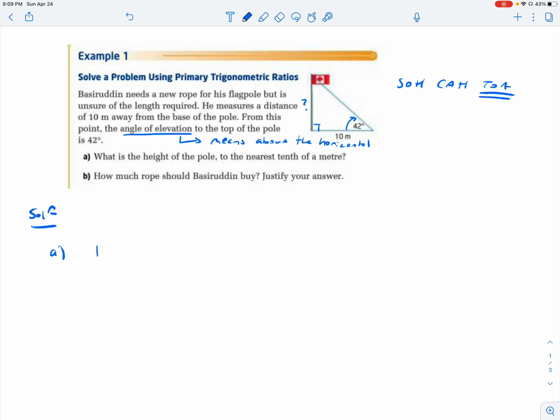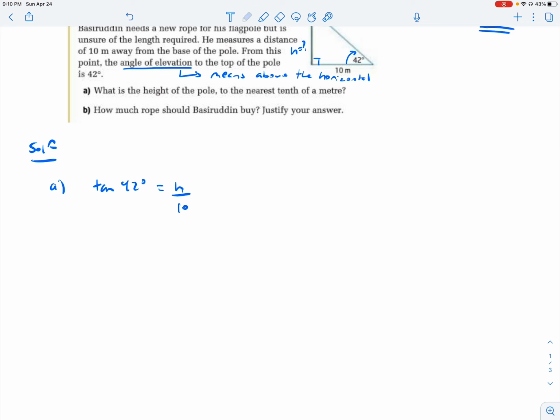So I'm going to start off by writing tan 42 degrees equals opposite over adjacent. I'm going to call this height h, that's my unknown. So we'll say h over 10 meters. Solving for h, I can multiply both sides by 10. That cancels that out, and I multiply this side by 10. So I have h equals 10 times tan of 42.